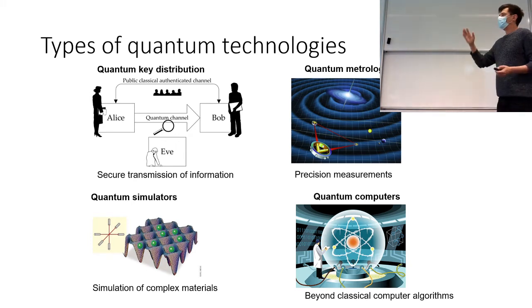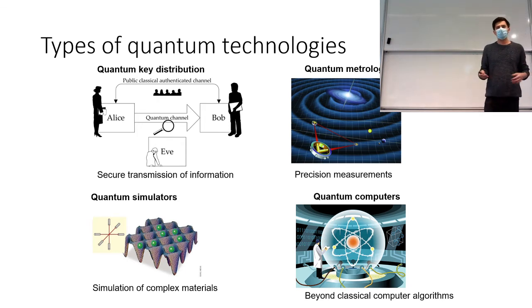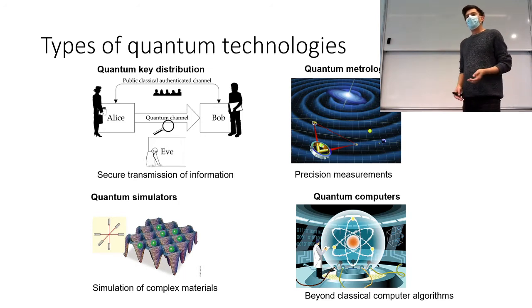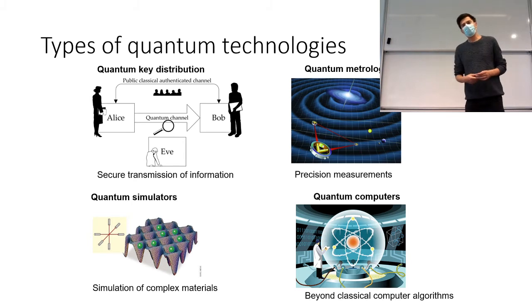If you want to factorize numbers, and actually that's quite an important task, because that's what a lot of cryptography is based on, you could actually use it to break codes, and it's exponentially faster than a classical computer.